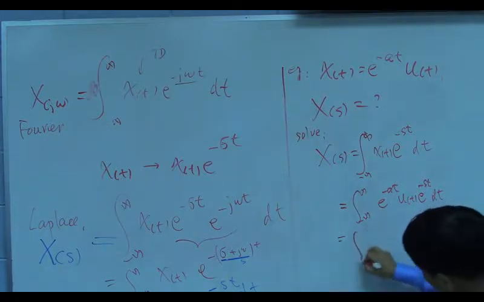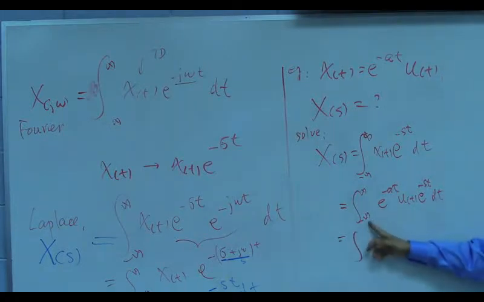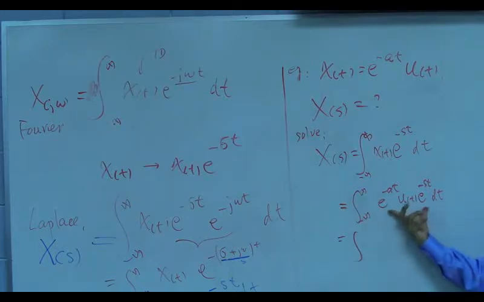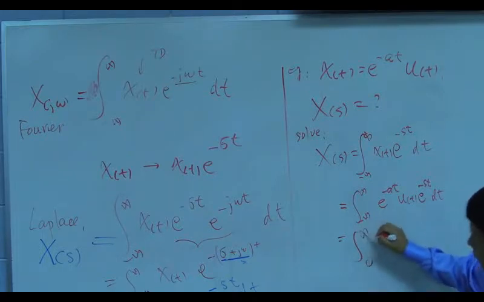Although it's from negative infinity to positive infinity, do I need to care about the negative values? No, because this part has no negative value. For any negative time, this one will be equal to 0. So this will be 0 to infinity.